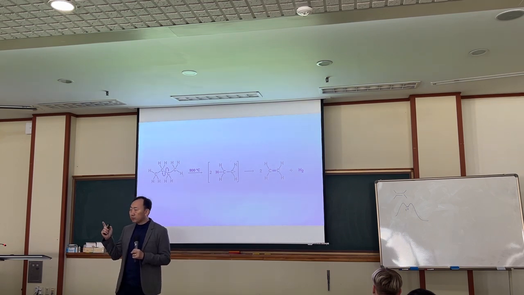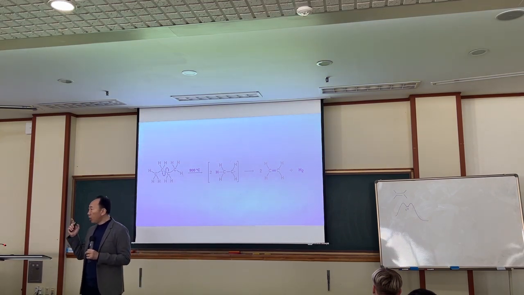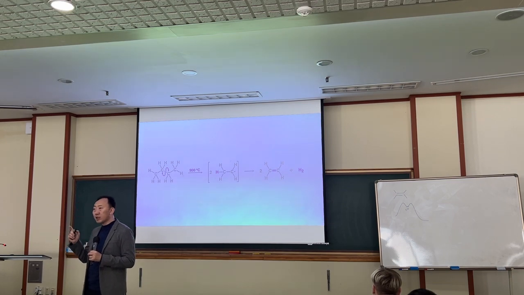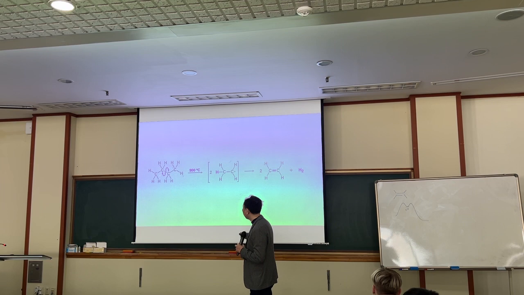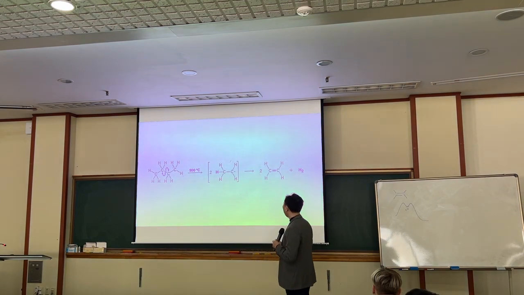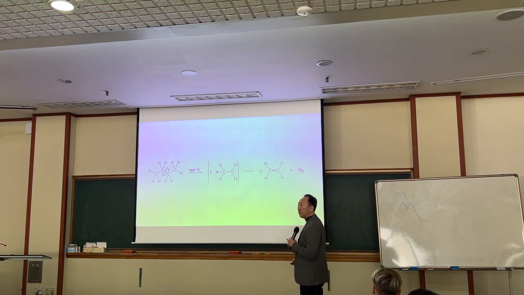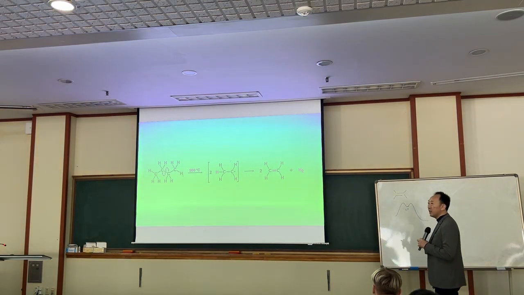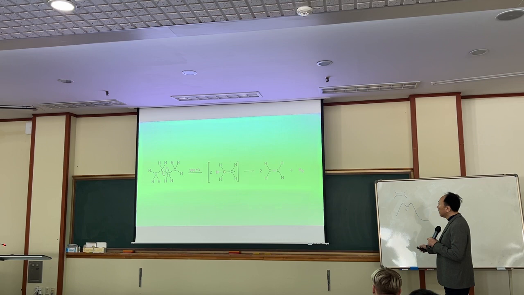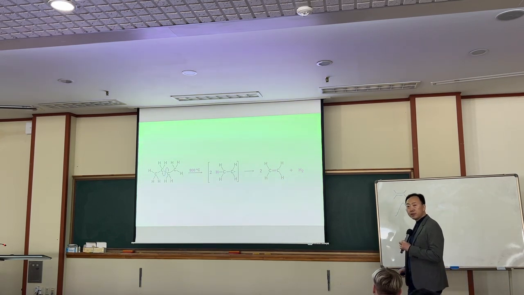Homolytic or heterolytic? Homolytic, right? That's why it generates radicals. If it breaks down here, it may generate this kind of radical. And if there are only two components like this, one option is generating one hydrogen and then two alkenes, or maybe one alkane and one alkene is also a possible option.